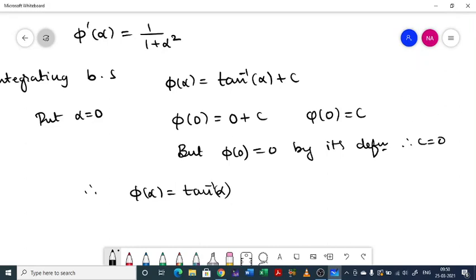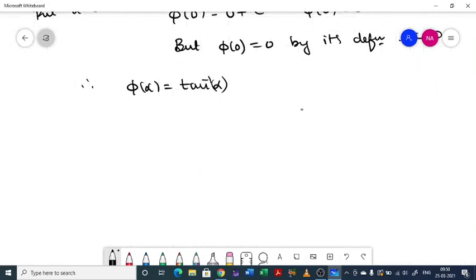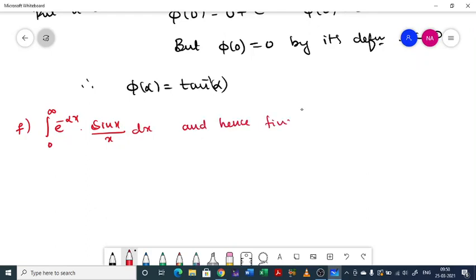So exactly similar to problem E, there is one more problem that I can consider later. Evaluate integral 0 to infinity e power minus alpha x into sin x by x dx, and hence find integral 0 to infinity sin x by x dx.